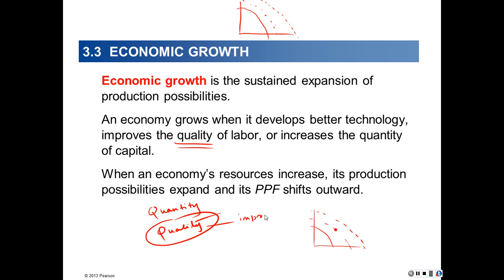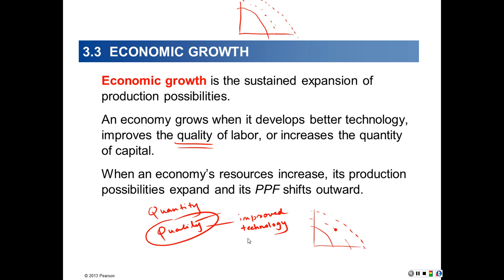You see? What does an improvement in technology enable us to do? It enables us to produce more goods and services using the same quantity of resources. The ability to do more with the same quantity of resources. Well, that is what an improvement in technology enables us to do, correct? So you can view technology as somehow improving the quality of resources.